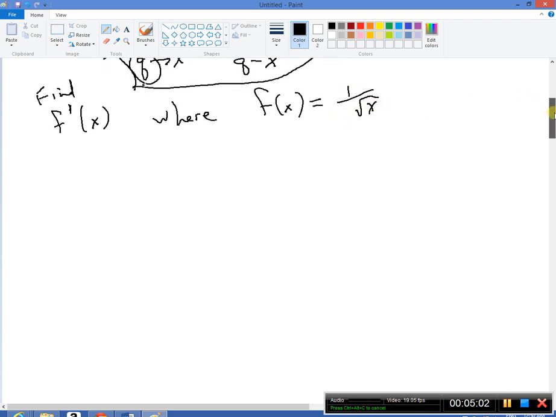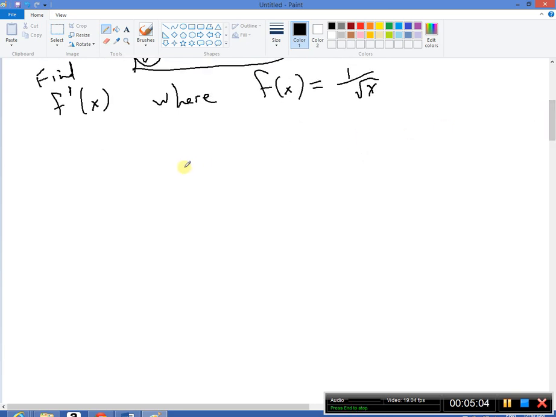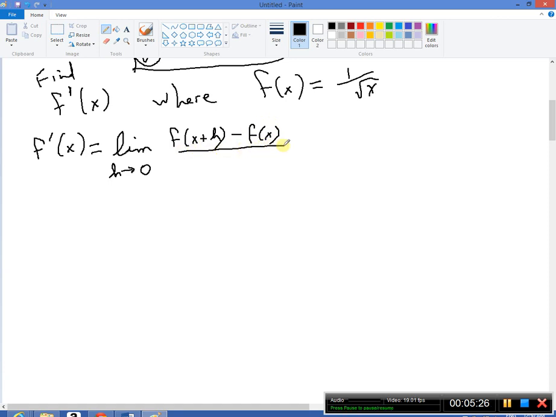All right, so we're going to use the definition that we were just using for f prime of x, the h form. So f prime of x, according to the definition, is the limit. It's always a limit. The derivative is always a limit. This time that's h goes to 0 of f of x plus h minus f of x all over h.